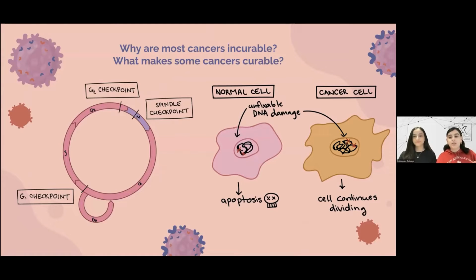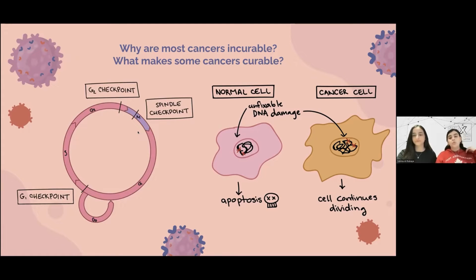This dysregulation often stems from mutations in their genes, like the tumor suppressor gene, and this will cause the key points in the cell cycle to dysfunction, and because of this, the cancers will continuously regrow and continuously divide. However, we should know that some cancer cells are curable.